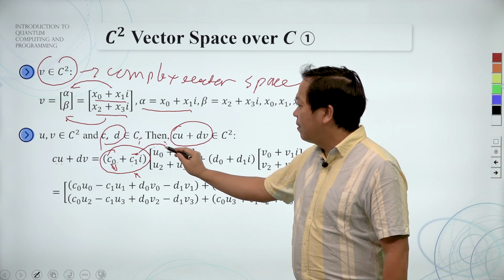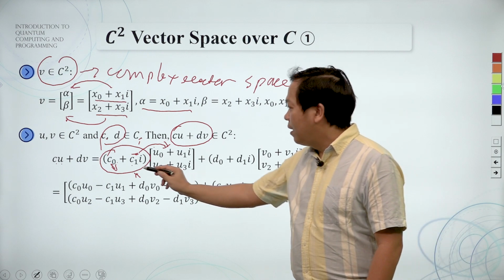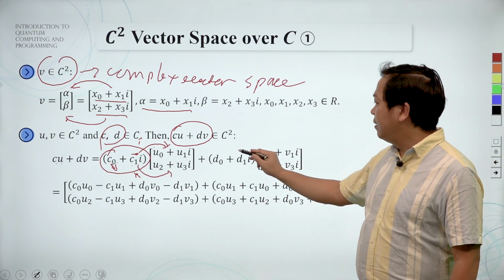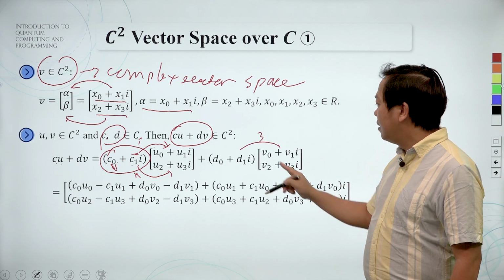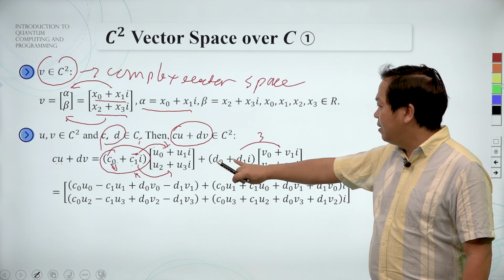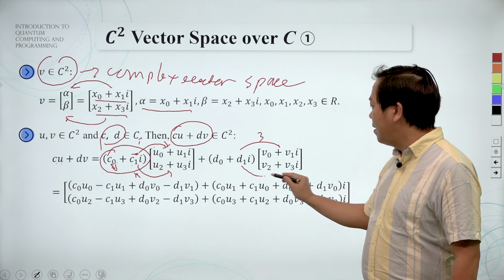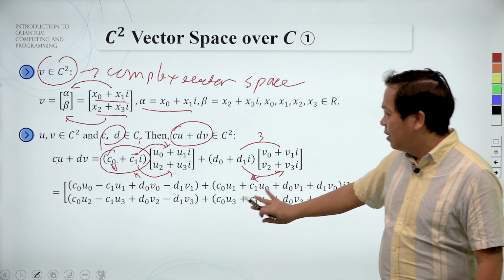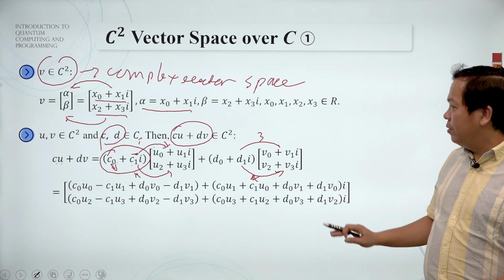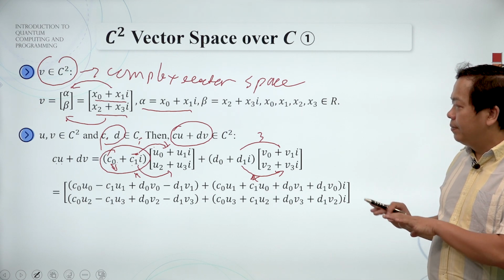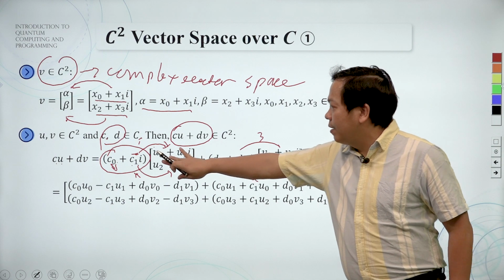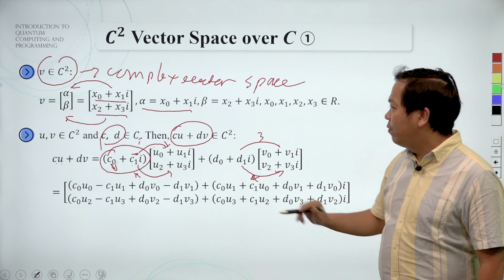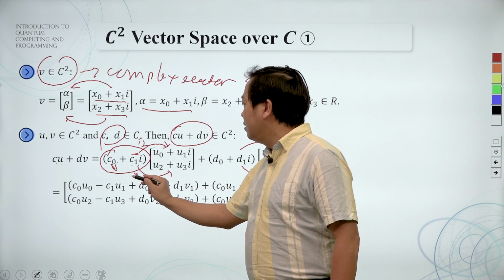When we have this format, you can calculate very easily. You multiply this one, then multiply this one, then the third part you multiply this one, and the fourth part you multiply this one. After you multiply, you add the two values for this part and this part. For example, this one is 1, this is 2, right?